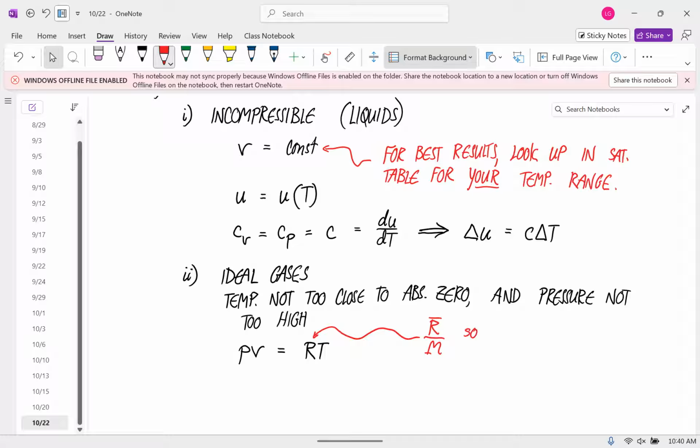So this is specific to a particular gas.